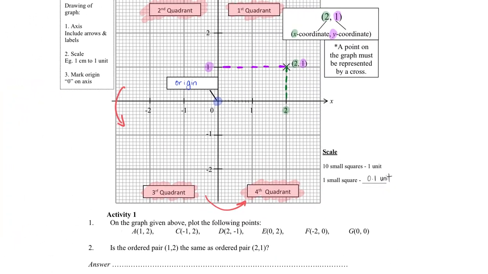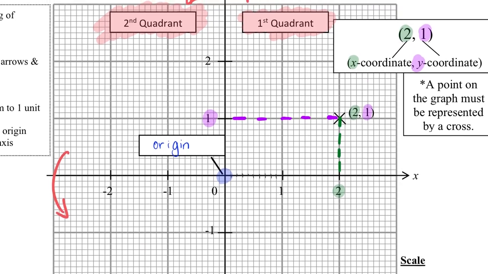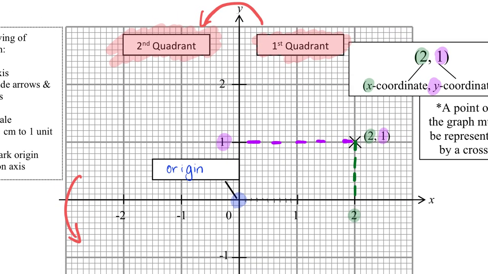Now, for some activity, I'm going to plot the points A, C, D, E, F, G on the graph. So, I shall start plotting now using blue color. So, my point A, x is 1, y is 2. So, I'm going to go to the square. X is 1, meaning I'm going to go to my 1.